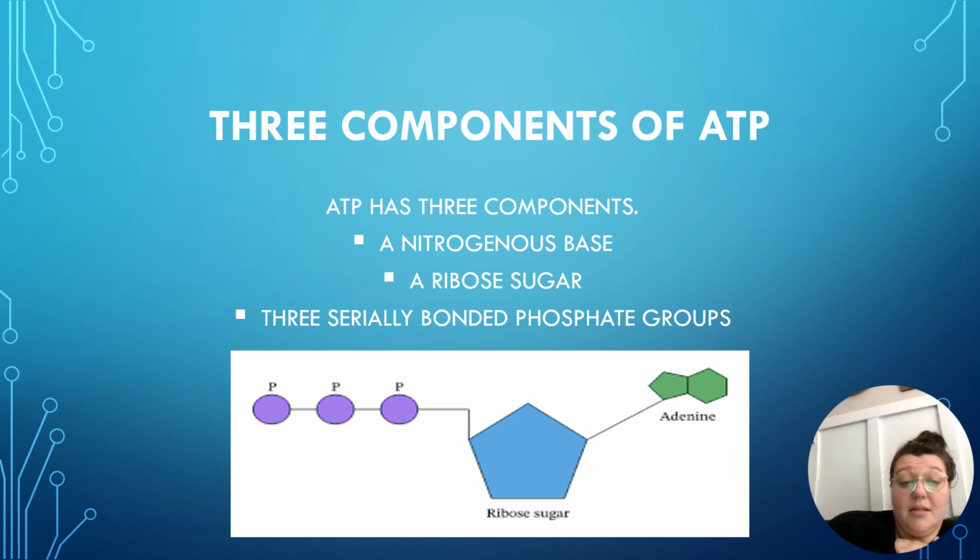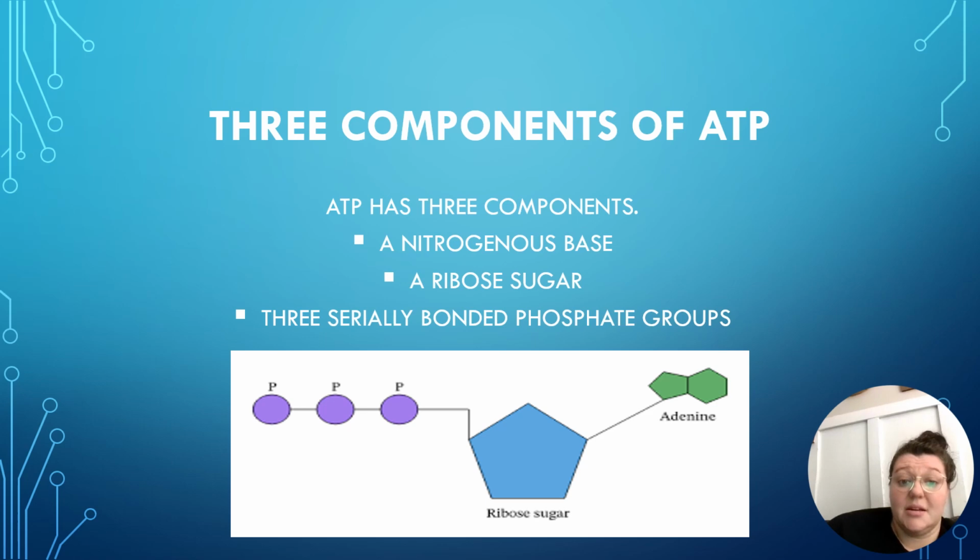Next and last, we'll talk about the 3 components of ATP. You can see this little diagram at the bottom kind of breaks it down so you can actually see ATP, which we know is energy used in cells. It actually has 3 components.